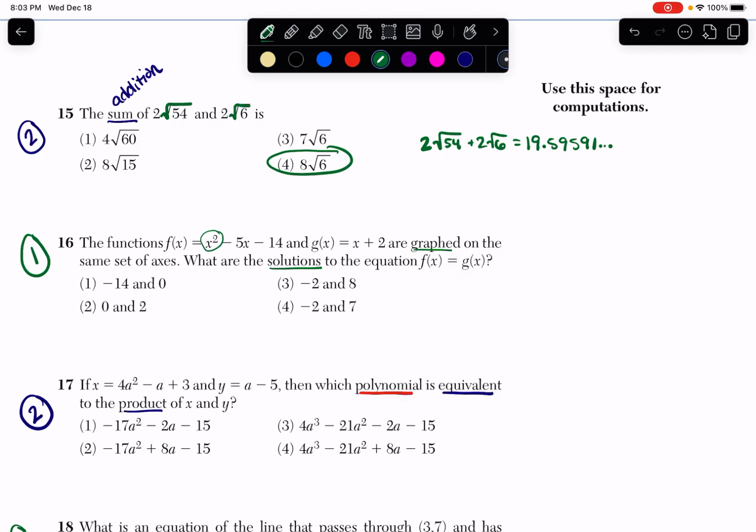So if I type in 8 radical 6, I also get 19.59591. So even though we have not done a lot of work with radicals, you can convert them to a decimal just to figure out which ones match. If this was free response, you might be in a little more trouble. But if it's multiple choice, don't worry about turning things into decimals and then just playing a matching game.